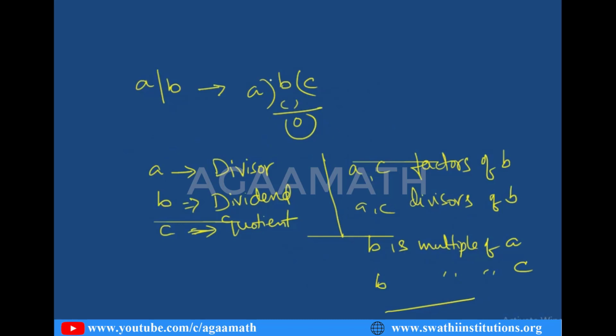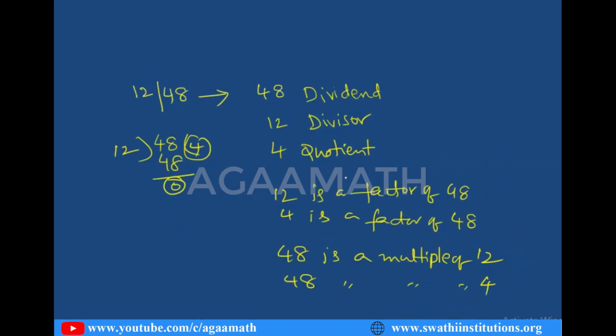A divides B, then B is divided by A, let the quotient be C. A is the divisor, B is the dividend, C is the quotient. Here A and C are factors of B, A and C are divisors of B. B is a multiple of A as well as B is a multiple of C. We are considering one example here: 12 divides 48. Here 48 is the dividend, 12 is the divisor, 4 is the quotient.